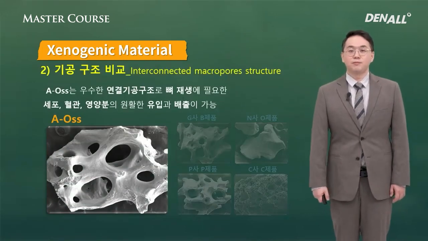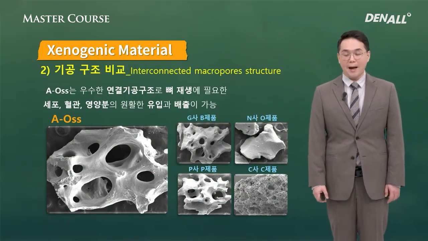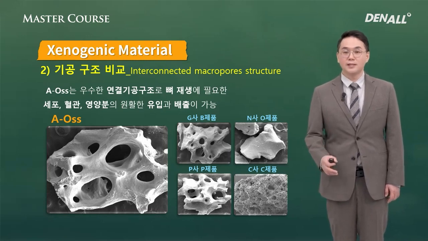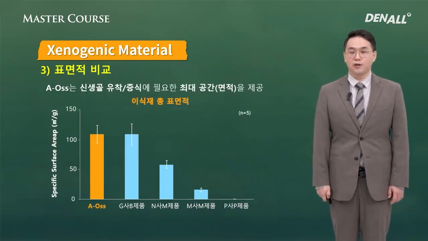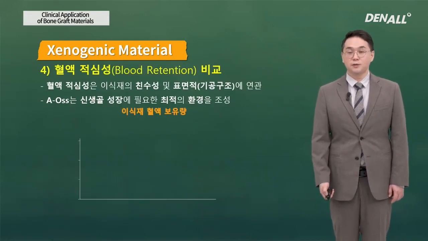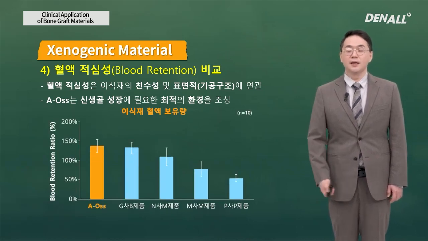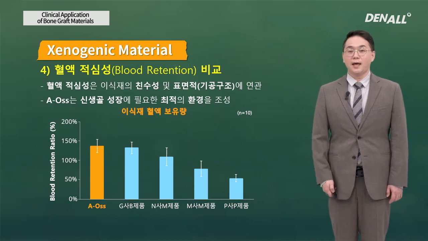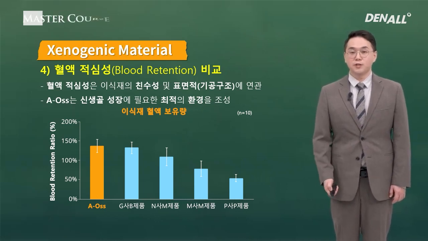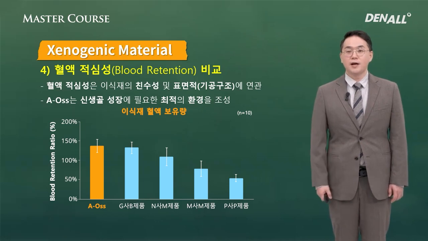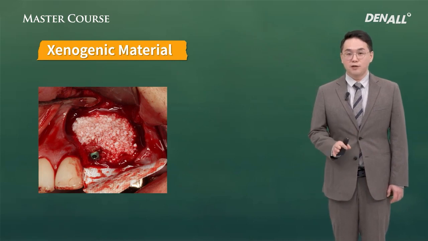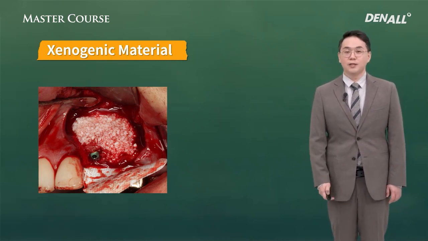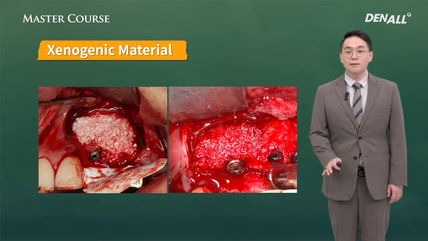If you compare various products with high temperature treatment, the pores would be closed or reduced in number because of the recrystallization, and the surface area would be reduced. The blood retention is lowered. If you compare AOS with other xenograft materials, the blood retention capability is lowered if it is treated at high temperature. If a good bone material like AOS is grafted in a critically favorable environment in terms of blood, over time the blood would be retained and self-aggregated.